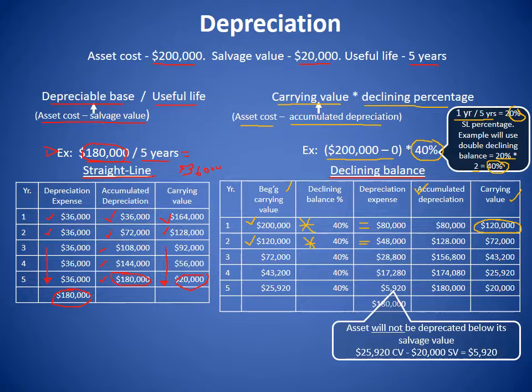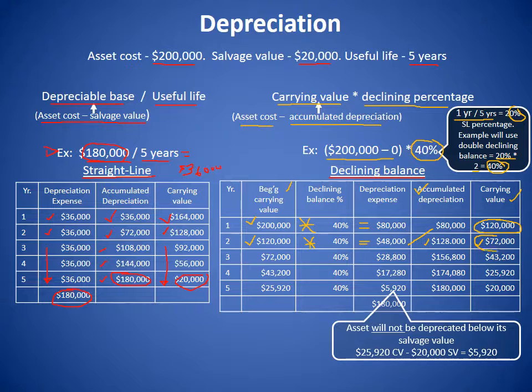So now I take my $48,000 depreciation expense, I add it to my accumulated depreciation, therefore I end up with $128,000 worth of accumulated depreciation. I subtract that amount from my asset cost, and I end up with an ending carrying value now of $72,000.